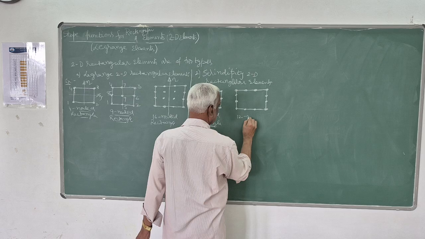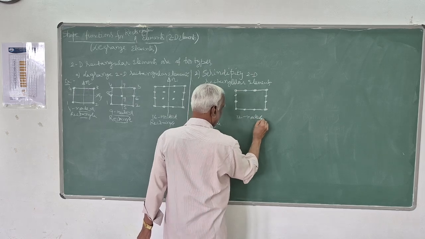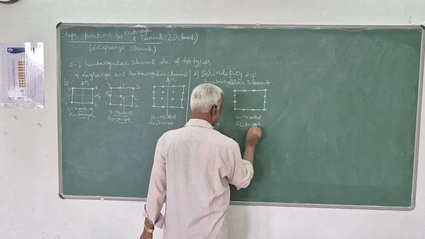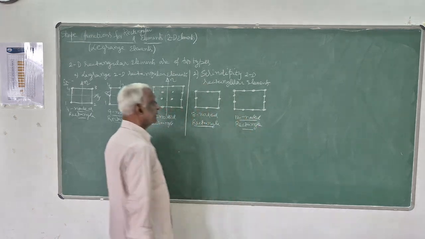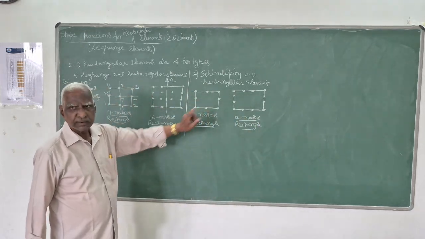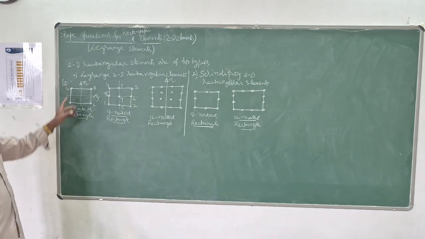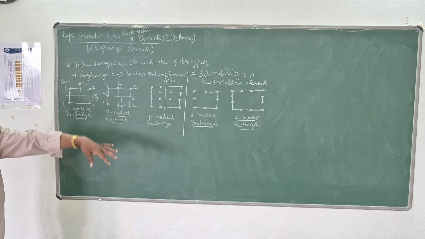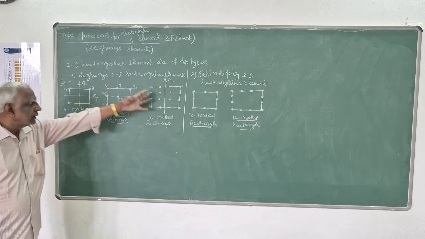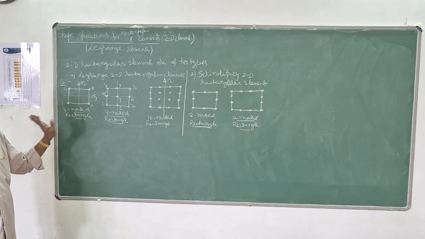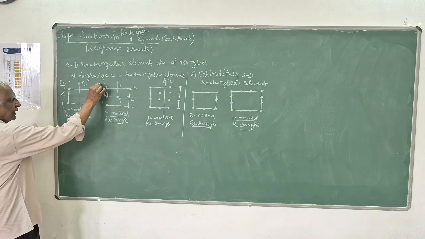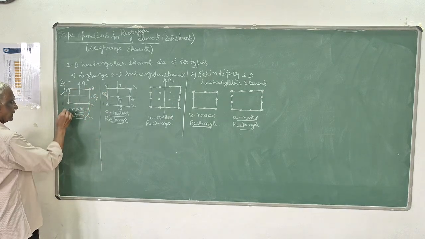Then 12 nodal rectangle. So these are called serendipity type of 2D elements. For these elements also we can derive the shape function. So for this already I have derived the shape functions.